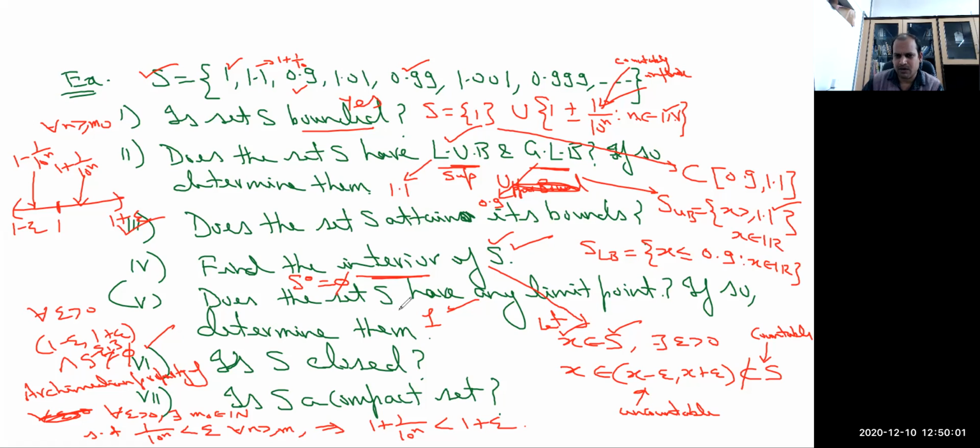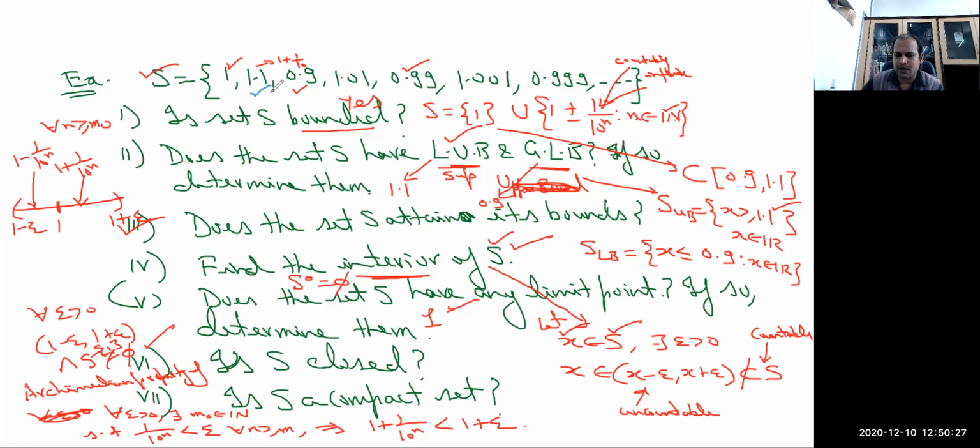Similarly, other limit points can be discarded. For how to discard other limit points, you can refer to my earlier lectures, where I have discussed it in detail. Let me explain one of them, how to discard that 1 is the only limit point. Suppose I take 1.1 here.